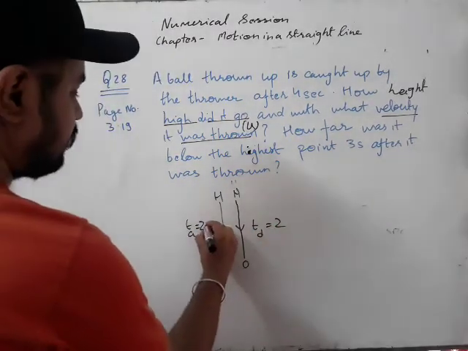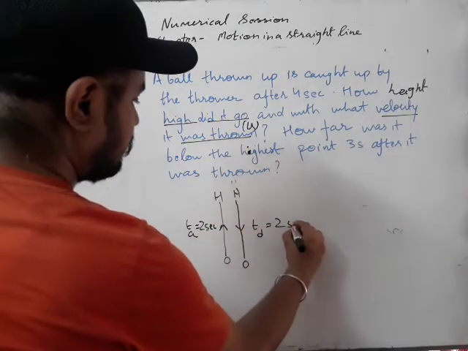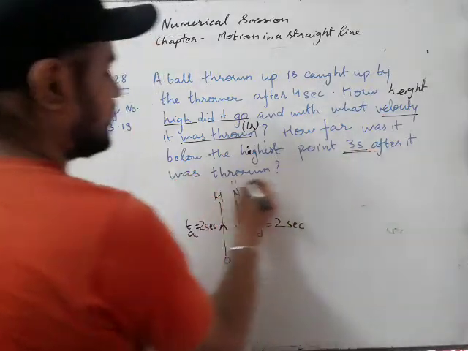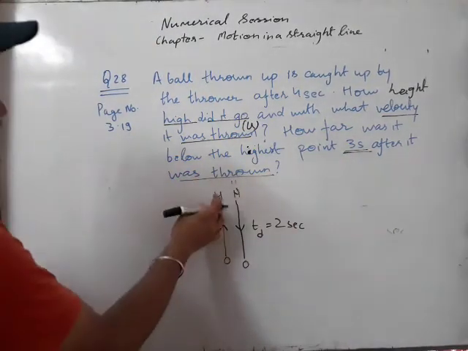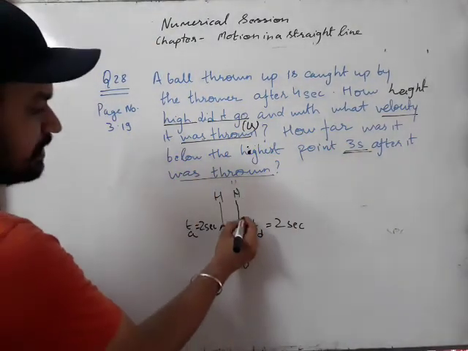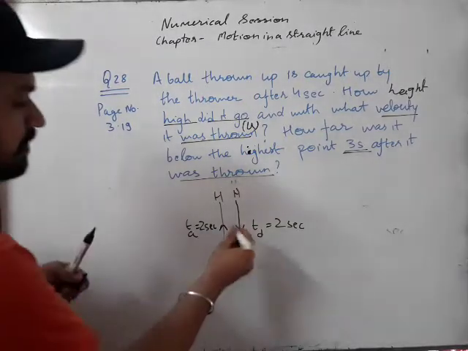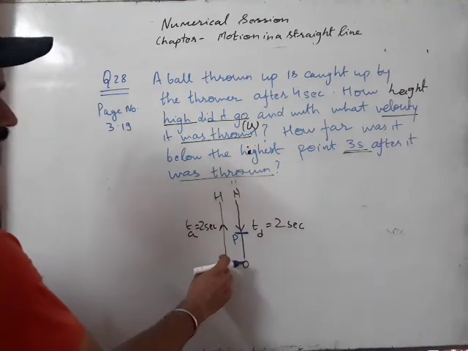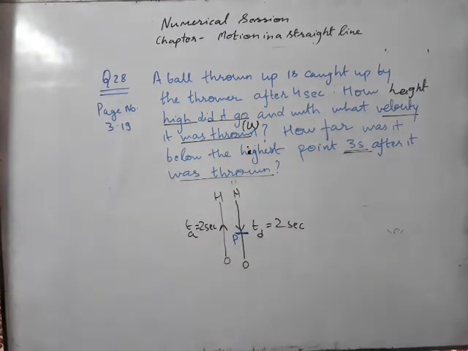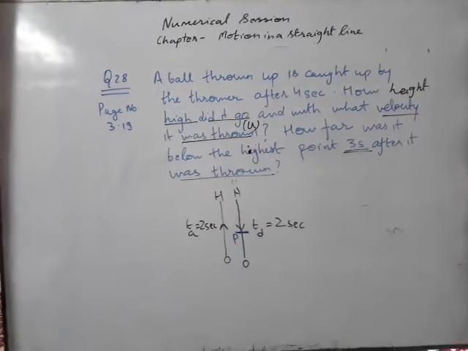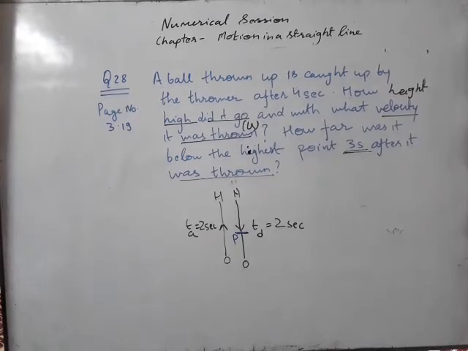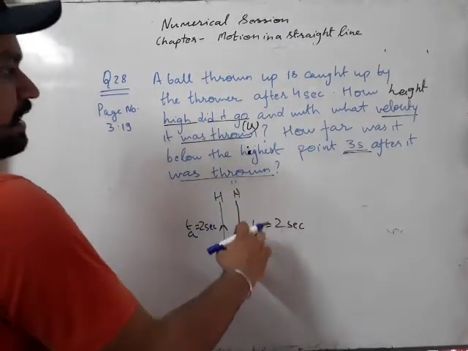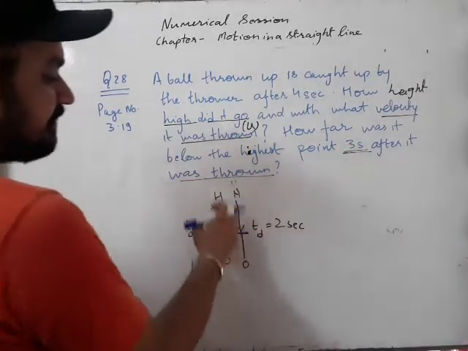So both are 2 seconds. So from 3 seconds, 2 seconds it takes to reach the highest point when it was thrown. So it would be somewhere over here. Let us suppose at 3 seconds it will be at point P. In this particular question, it wants the distance HP, below the H, how much it reached 3 seconds after the journey.